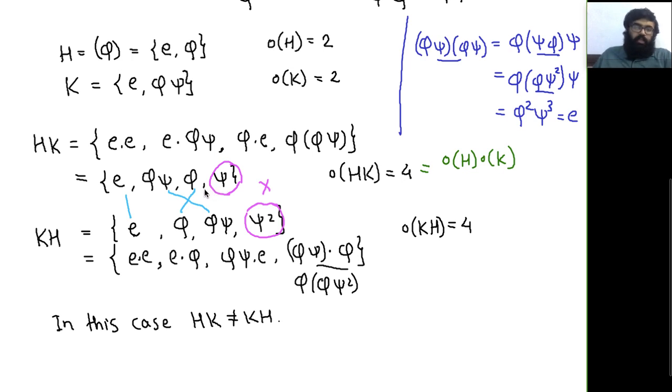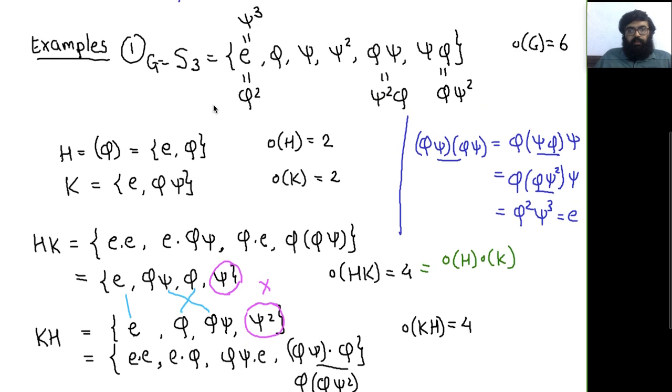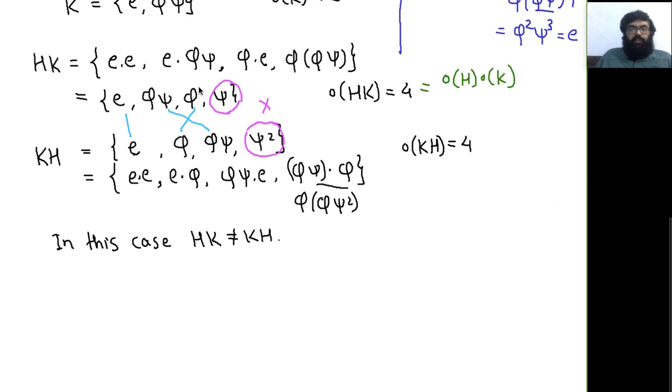Psi into psi square: psi square is not there, so it is not closed under the product operation. Also, the inverse of psi is nothing but psi square because psi cube is identity, so it's not closed under inverse either. So HK is not a subgroup of S3.